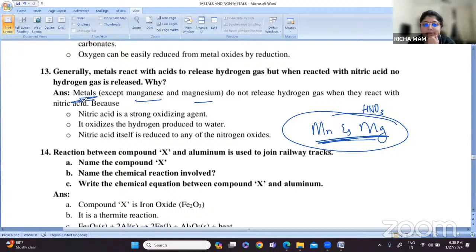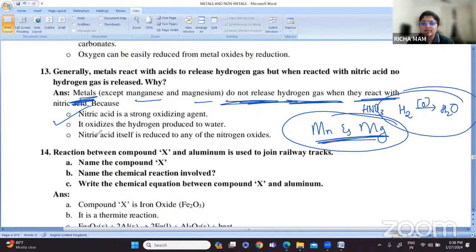But other metals do not release hydrogen gas with nitric acid because nitric acid is a strong oxidizing agent. It oxidizes the hydrogen produced to water. So whatever hydrogen is produced will be oxidized and form water.